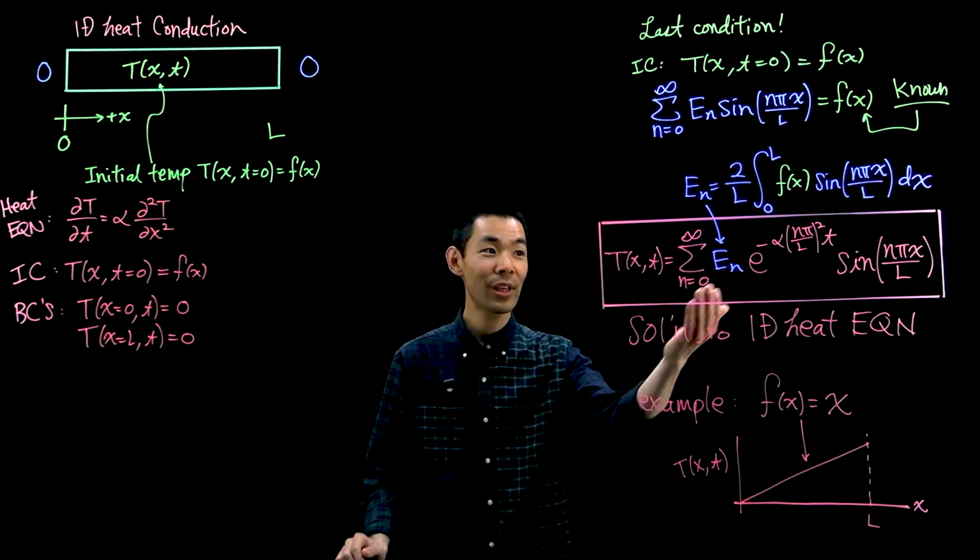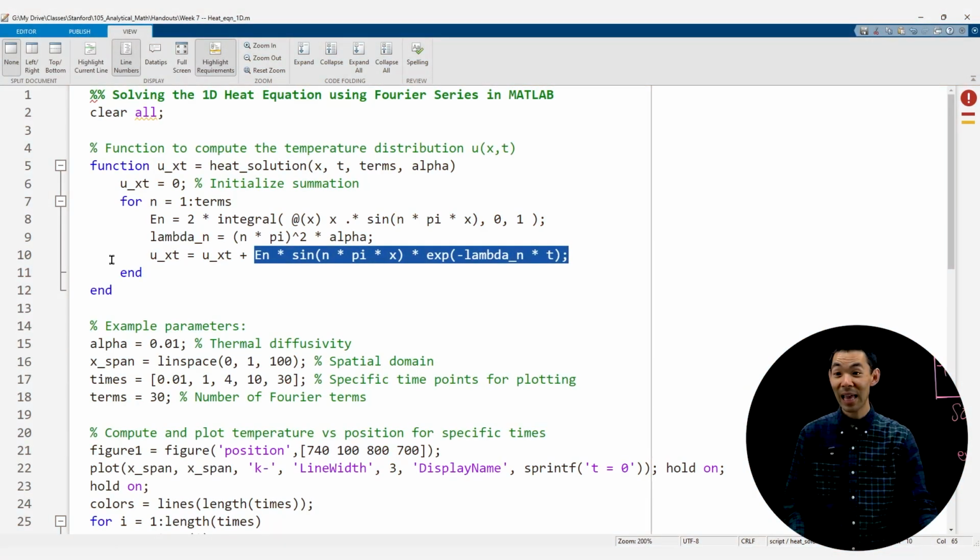And finally, to capture the summation, we just added a function here, u underscore xt, which keeps track of our temperature. And you can notice we're adding to this value more and more values of each index n. So there's a for loop outside that sums over all the index values from n going from 1 all the way to terms. That's the total number of terms.